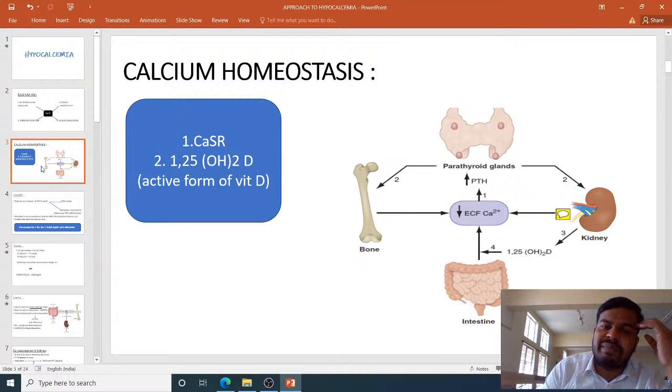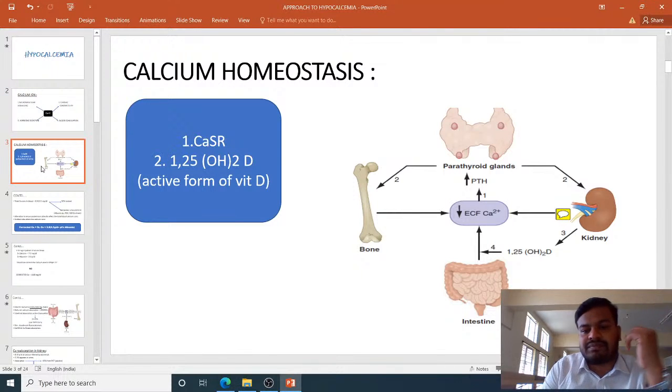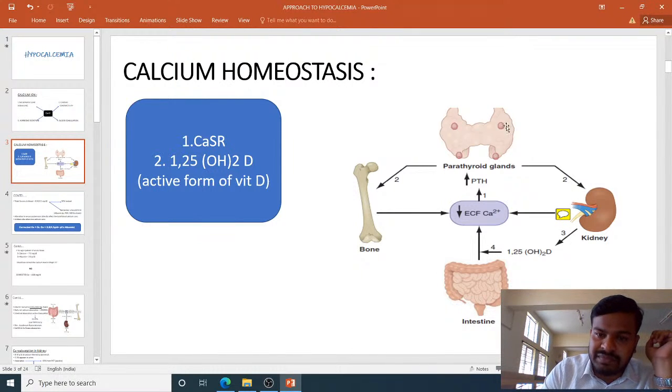And coming to the homeostasis, calcium is mainly regulated by the parathyroid glands. When the calcium sensing receptors sense low calcium in the body, parathyroid hormone is secreted.